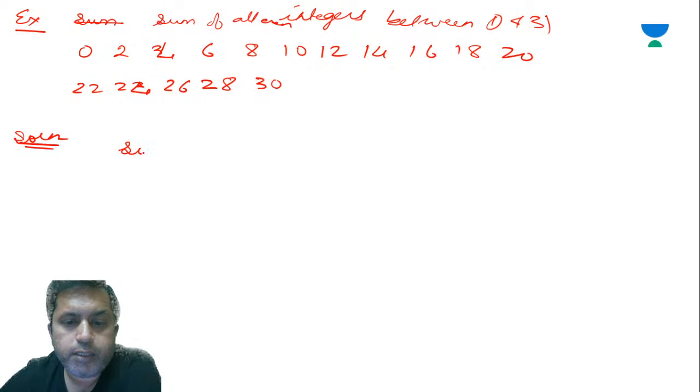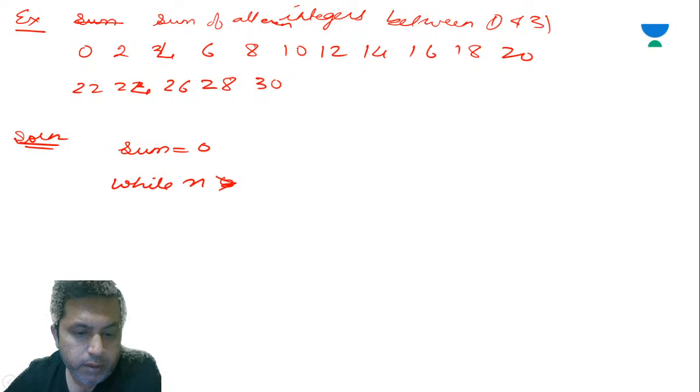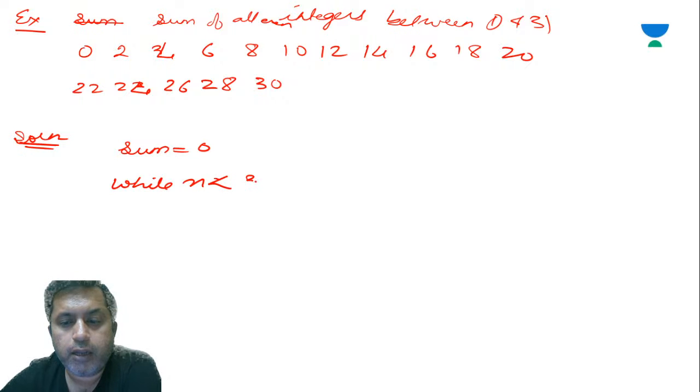Okay. We will get sum is equal to 0, initialization. While the number n is less than 31, sum is equal to sum plus n.